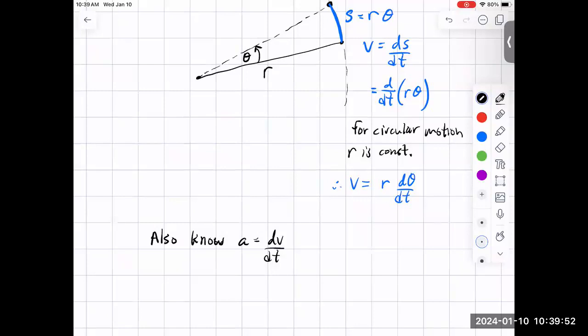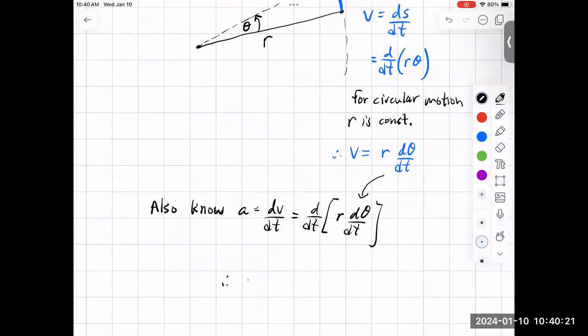So I want to know the acceleration of an object undergoing circular motion. Okay, so we take the derivative of the velocity, but the velocity we just said was r times d theta dt. And we also just said that r is a constant, so we can always pull that outside of a derivative. And so therefore, the acceleration is r times 2 derivatives of the angular position.